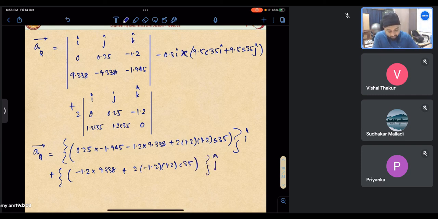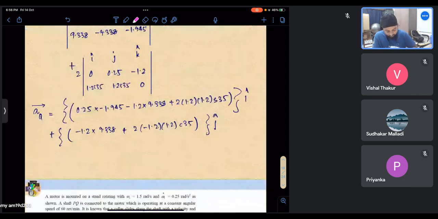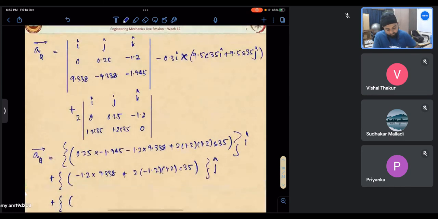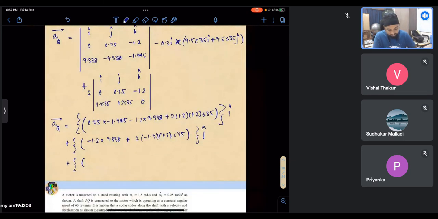And then I can see here I cross I doesn't give me anything. I cross j gives me positive k. So I have to account for that. My positive k will be minus 0.25 into 9.338 from here.